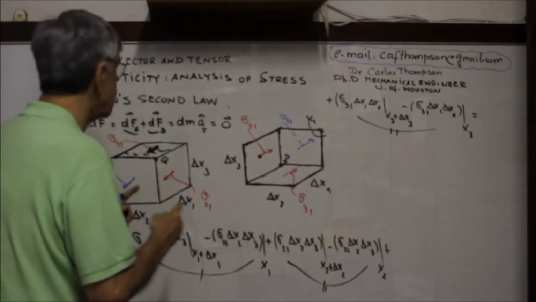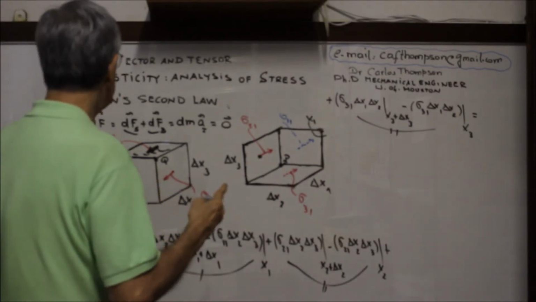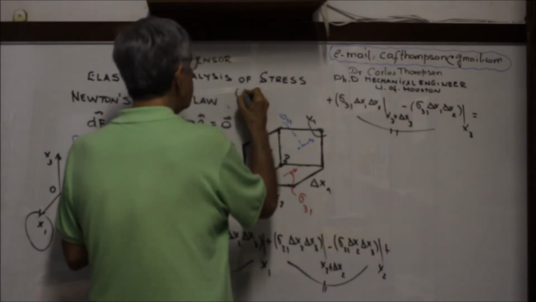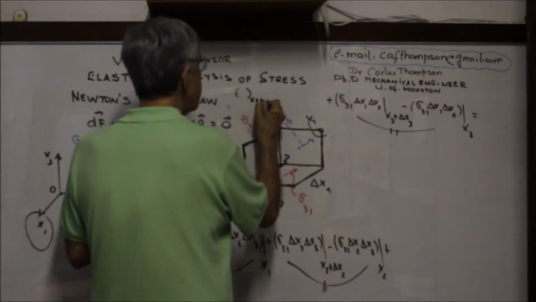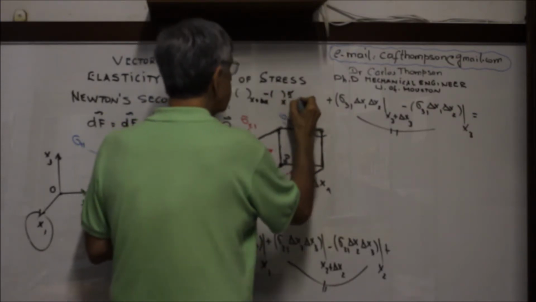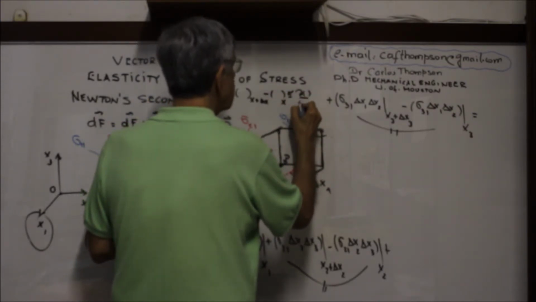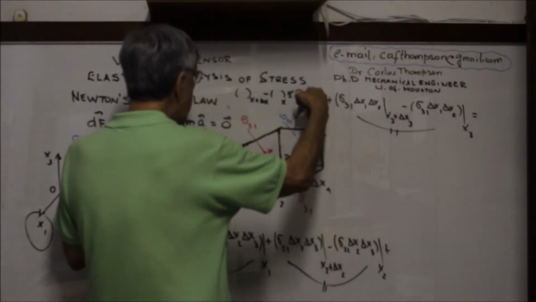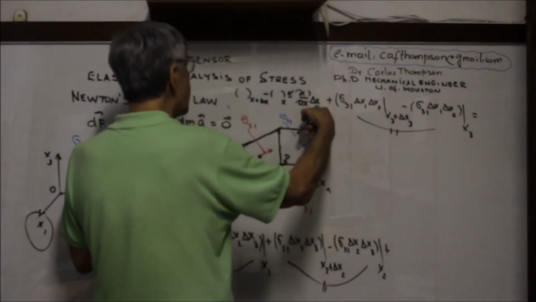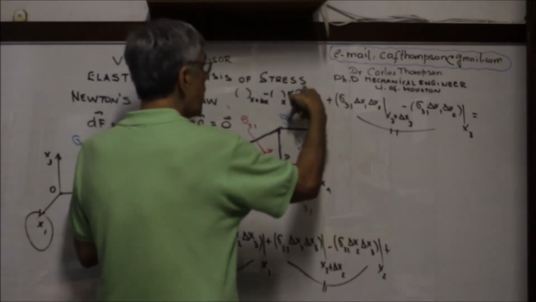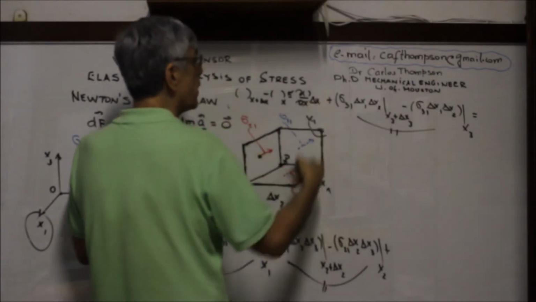Don't forget, as I mentioned before in the videos, if you have a function of x plus delta x minus a function of x, this approximates to the partial of the function with respect to x times delta x. You also have y plus delta y, the partial derivative with respect to y times delta y.